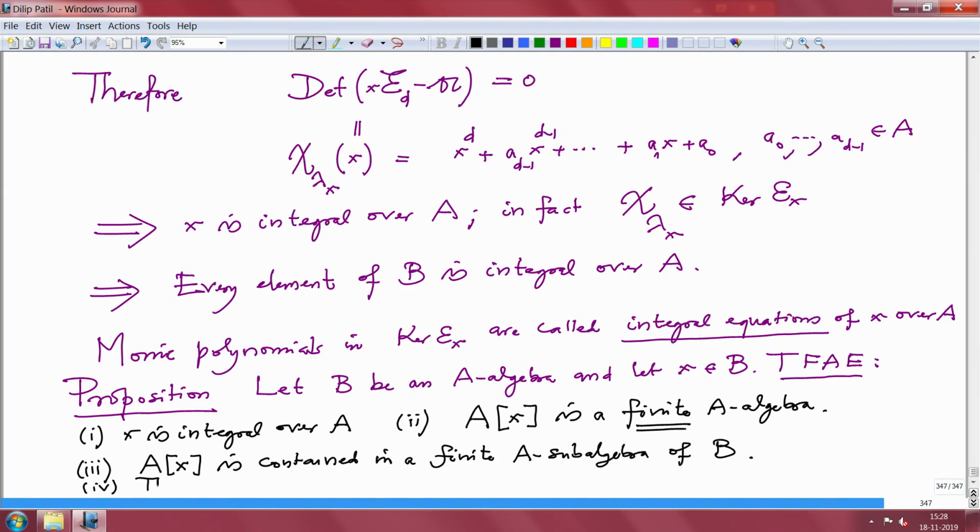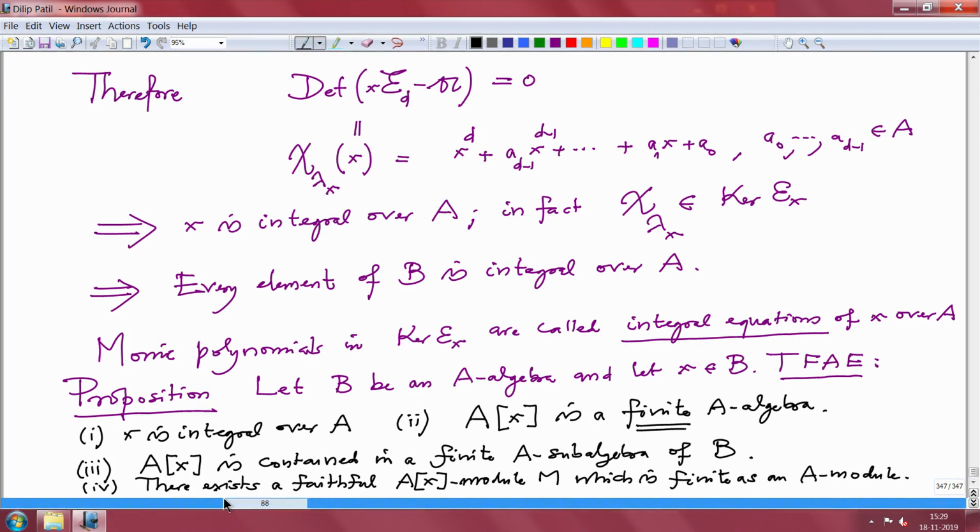there exists a faithful module over the subalgebra generated by X, a faithful A[X]-module M, which is finite as an A-module.